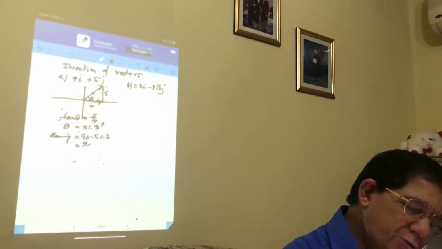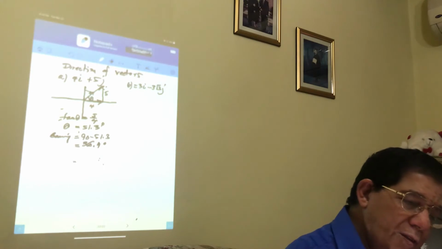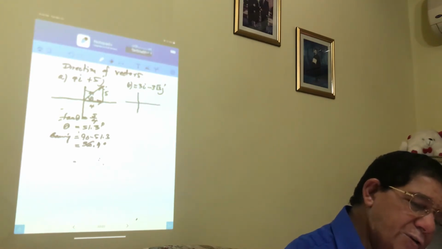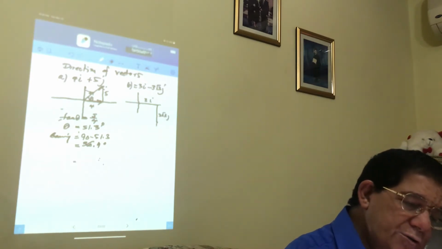It's going to be 36.9 degrees, because this is the bearing. This vector is 3i minus, down there, this is 3i, and this is 3 root 3 j.